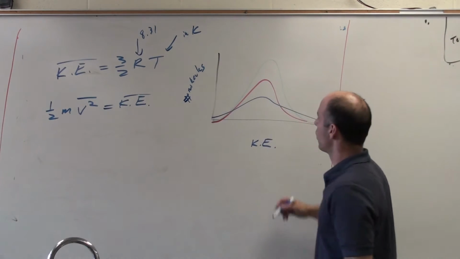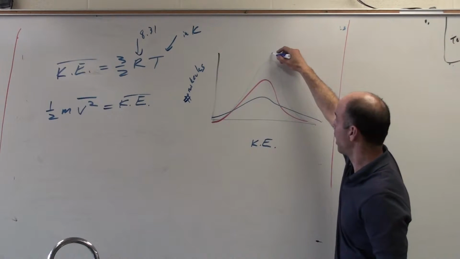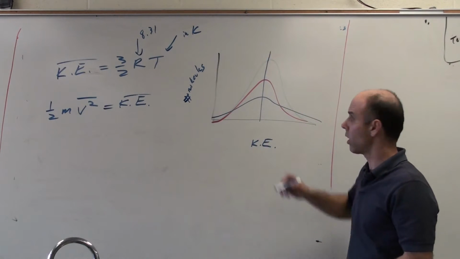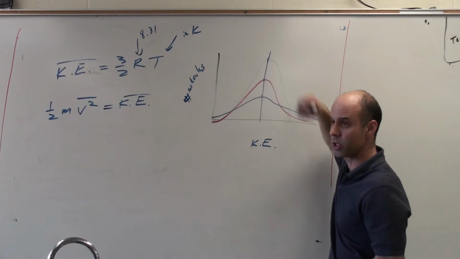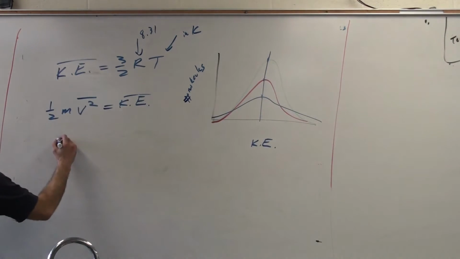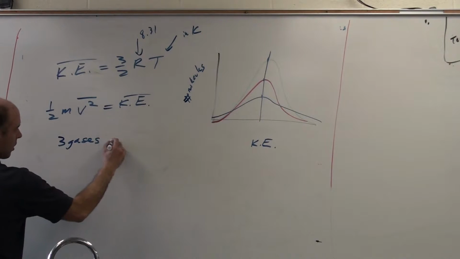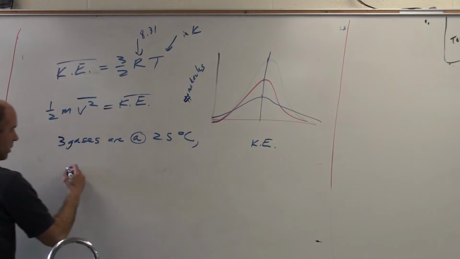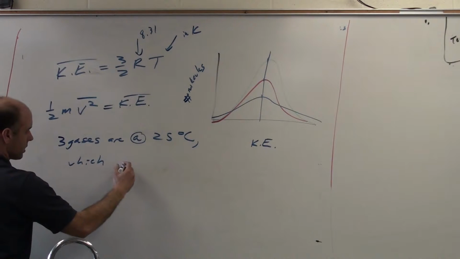Which one's got the greatest temperature? Well, they're all at the same temperature. They all have the same average. So if they say something like, 3 gases are at 25 degrees Celsius, which one has the greatest kinetic energy?